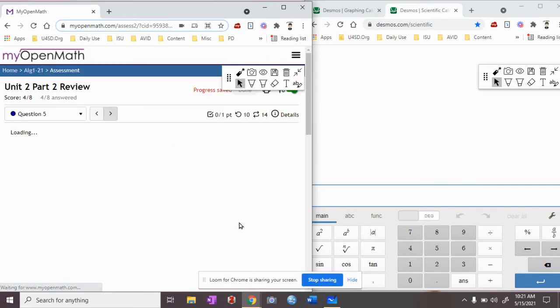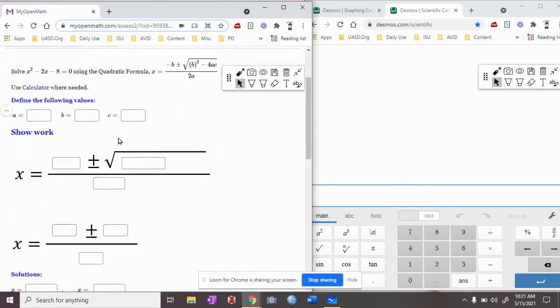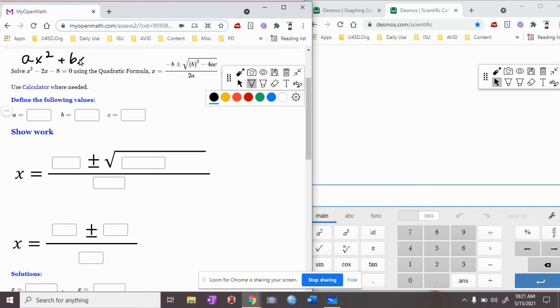Okay, next, quadratic formula. Remember, every quadratic equation has a standard structure of ax squared plus bx plus c. And when that is equal to 0, we can use the quadratic formula to solve for x.